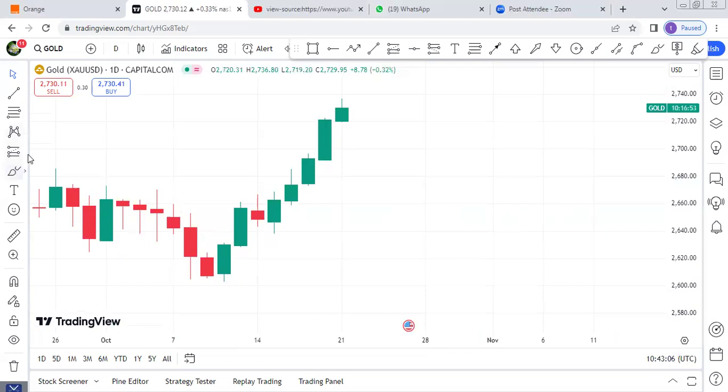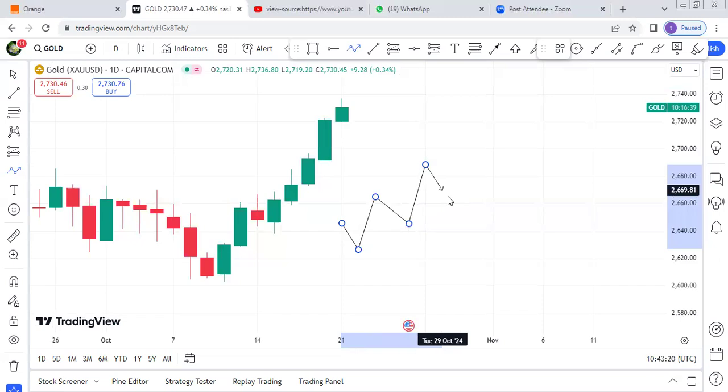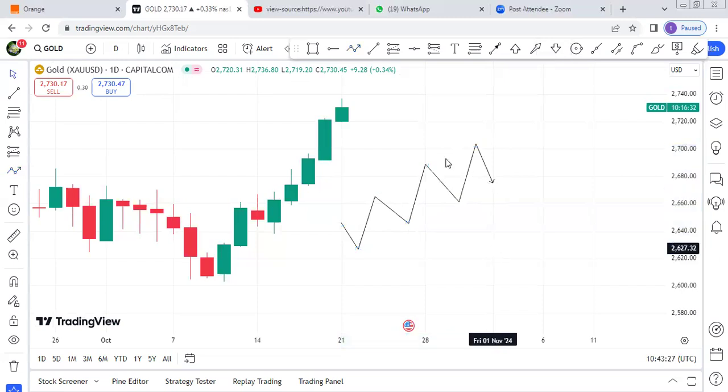So now let us look at the structure that I'm going to draw here, so that you may understand what I mean. Many times when people see this kind of structure, they will say, okay, this structure is giving me an uptrend.